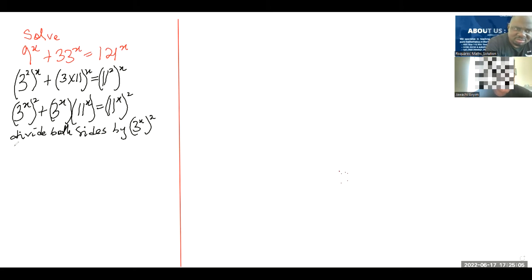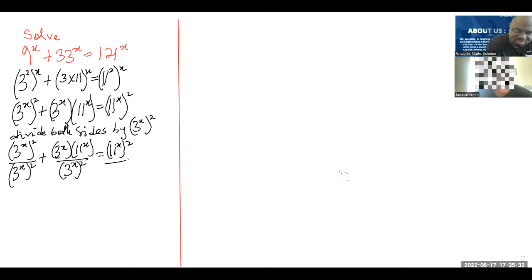So that becomes 3 to power x to power 2 all over 3 to power x to power 2, plus 3 to power x times 11 to power x all over 3 to power x to power 2, equals 11 to power x to power 2 all over 3 to power x to power 2.